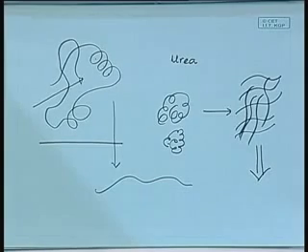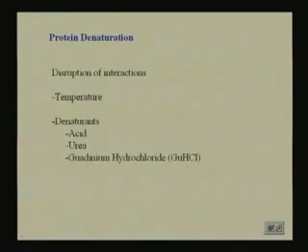We can also add different denaturants, for example, acid. How is acid going to disrupt the interactions? Or we could add urea or guanidinium hydrochloride.